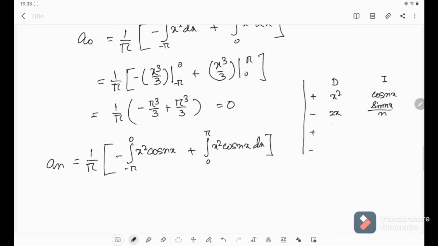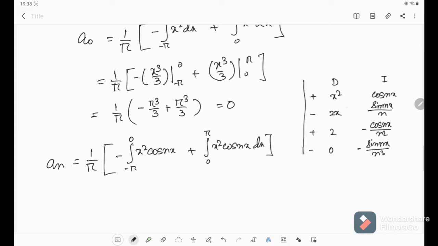Then again we will get the derivative of 2x, that would produce 2, and derivative of 2 will produce 0. So integration of sin nx by n will produce minus cos nx by n square, and integration of minus cos nx by n square would produce minus sin nx by n cube.